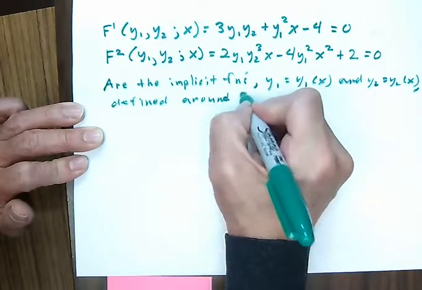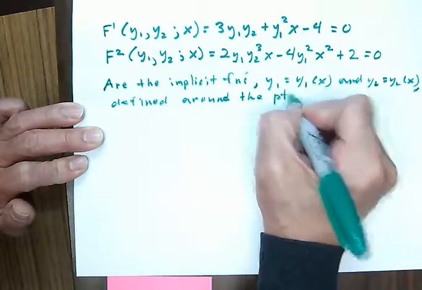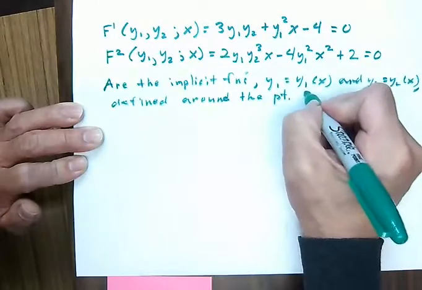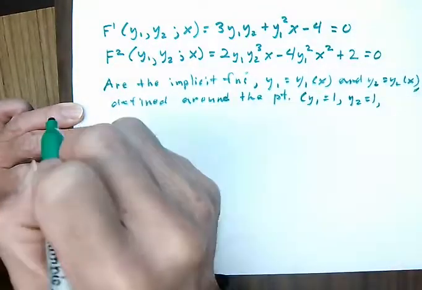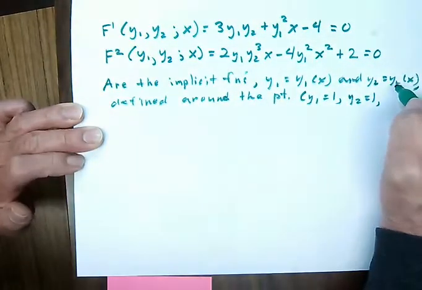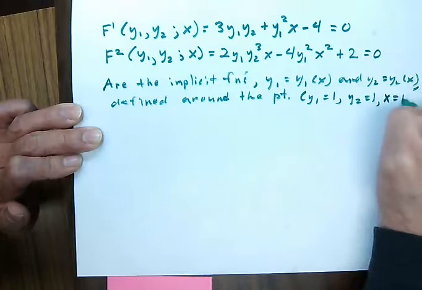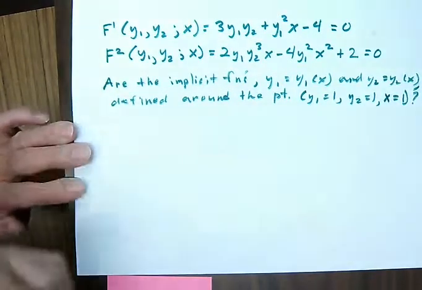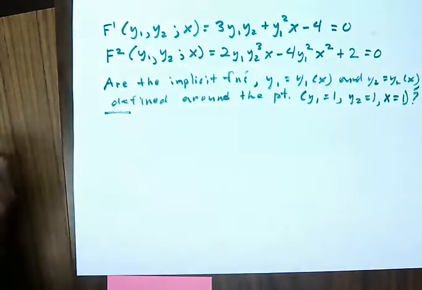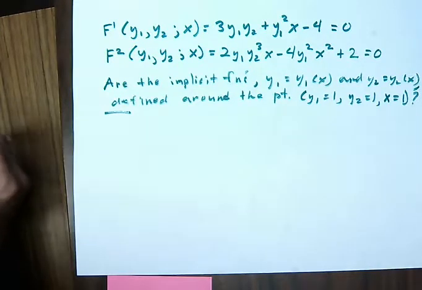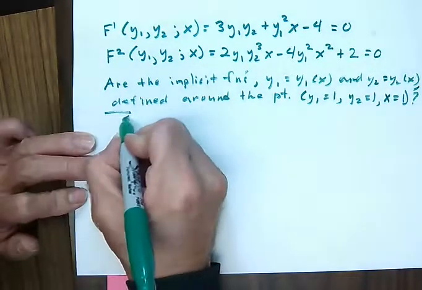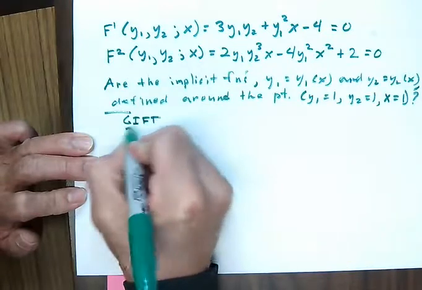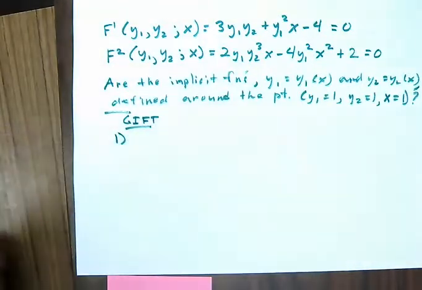Let's say around the point y1 equal 1, y2 equal 1, and x equal 1. To see if this is the case, we have to go through all the conditions of the generalized implicit function theorem. Let's start with condition 1.